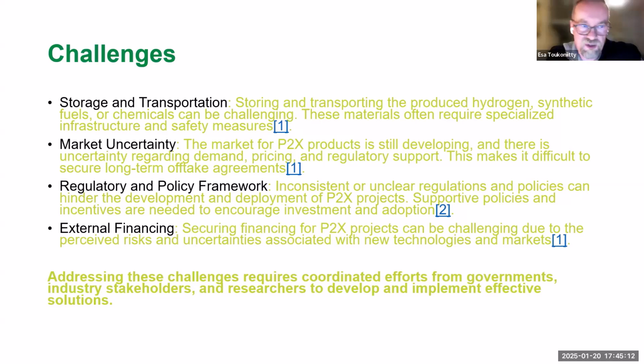So there are safety issues and also capacity issues. So how to transport it. Like mentioned, there is some specialized infrastructure needed, and also several safety aspects that are not necessarily that trivial ones to solve.